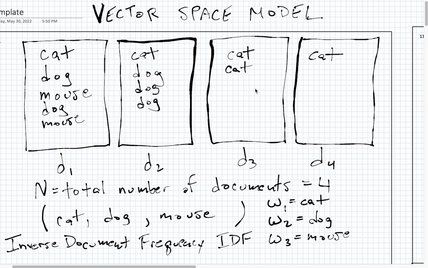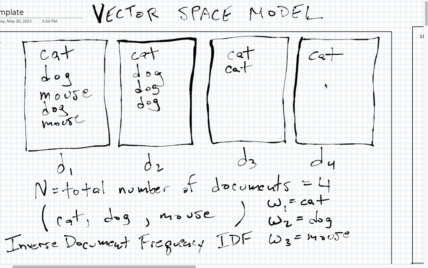Now, the thing that I want you to note here is that by increasing the number of times that a word appears inside of the document, that still doesn't change the inverse document frequency. That's why I call the inverse document frequency an external measure. By repeating the word inside of a document, the IDF doesn't change.